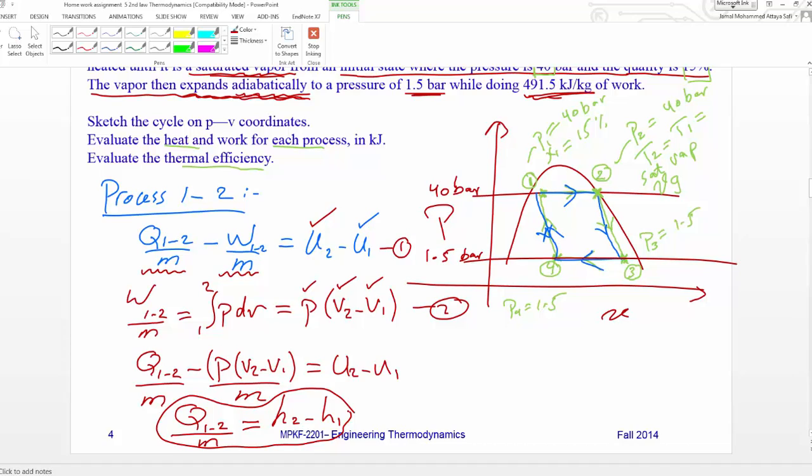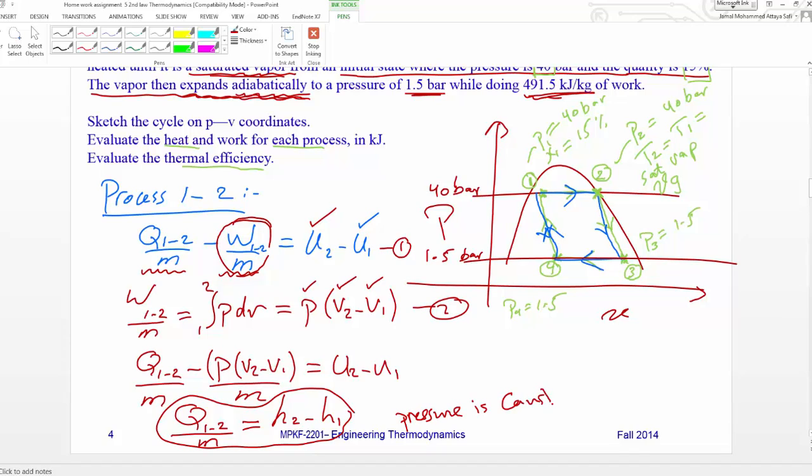And please notice that if I don't want to calculate the work for itself before, and then put it into the equation, I can always use q, and that's also for, because the pressure here is constant.